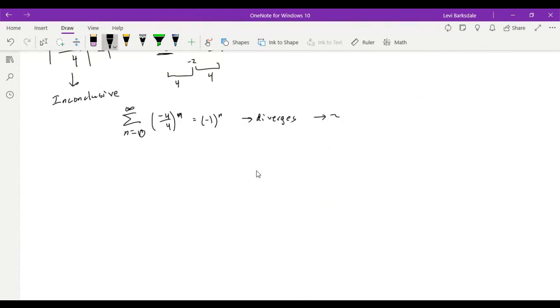So we can see that x equals -6 is not in the interval. And likewise for the other endpoint at +2, we would get 2 plus 2 is 4 over 4 to the nth, and that also fails the nth term test.